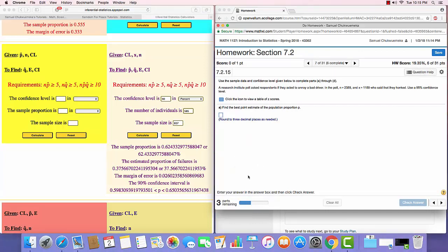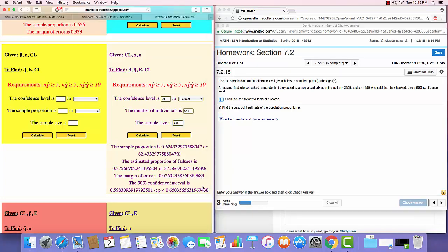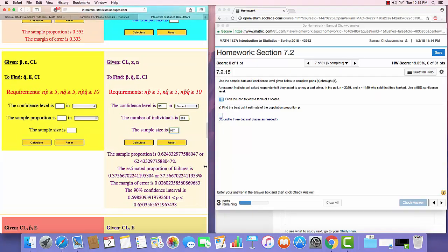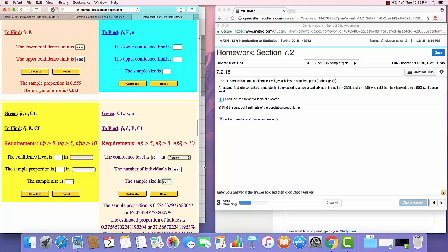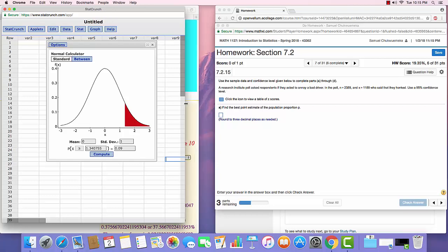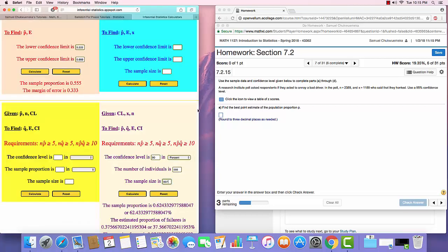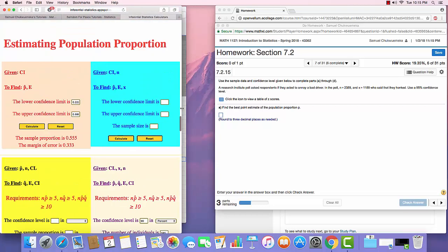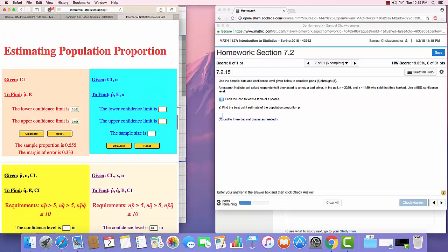Okay, question 7, Statcrunch. Where is it? There you go. Let me kind of let me see if I can want to see how I can be dragging this.